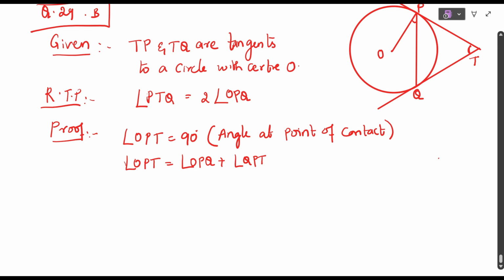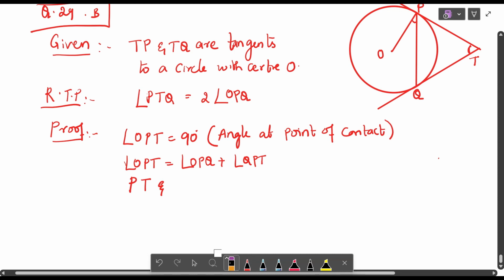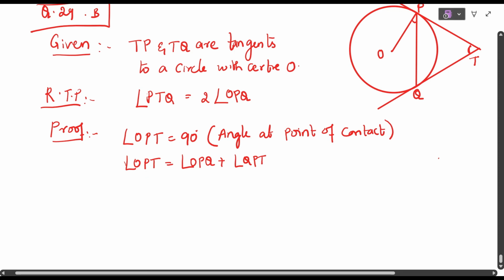And coming to it, if you observe properly, we can see a triangle there. And also the tangents they have given, PT and TQ are the tangents here, right? So TP is equal to TQ.